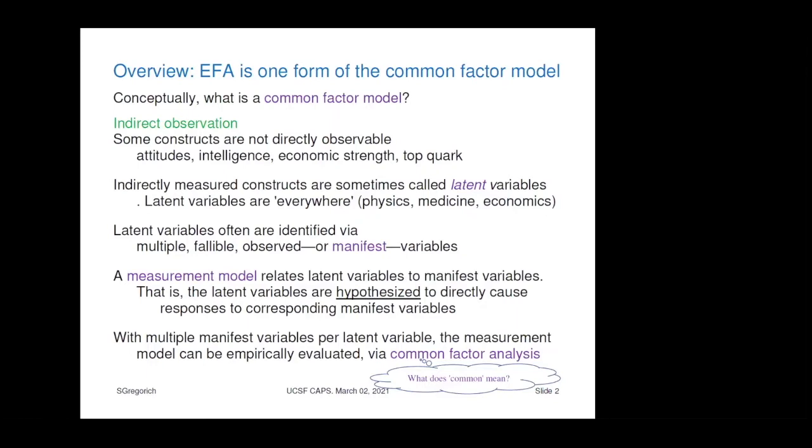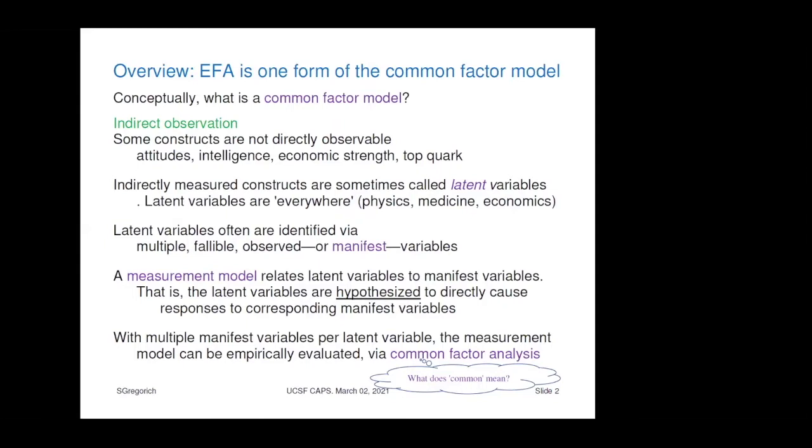So a measurement model, a common factor model, is a form of a measurement model. It relates the latent variables to the manifest variables. And the idea is that, so say you have a personality instrument, and your personality dimension, say it's gregariousness, you have a bunch of items that you think as an investigator are fallible but decent indicators of gregariousness.